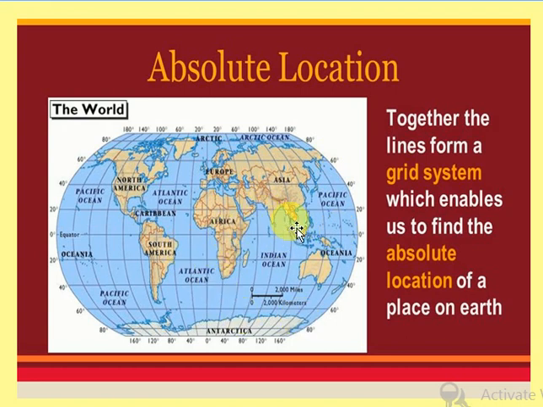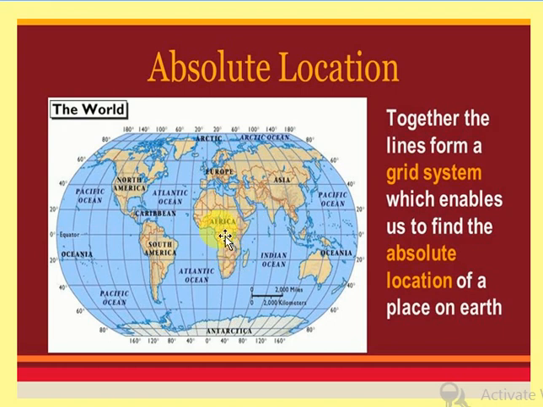If you are using a smartphone nowadays, even that shows latitudes and longitudes, or coordinates, of that particular area, which help us find the exact location of the place. So these coordinates of a grid system are latitudes and longitudes.